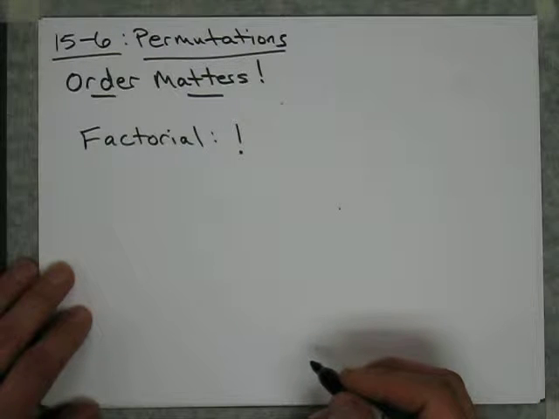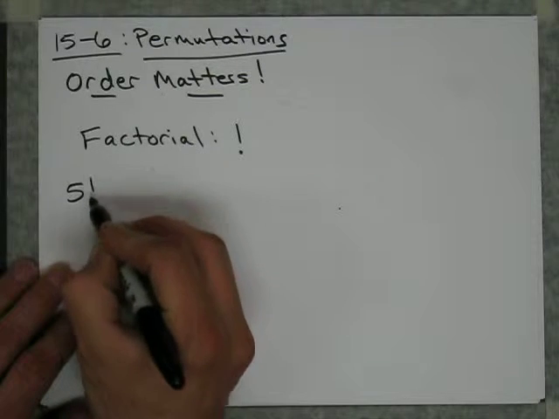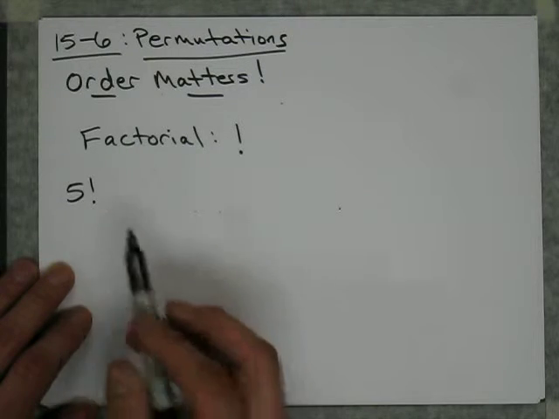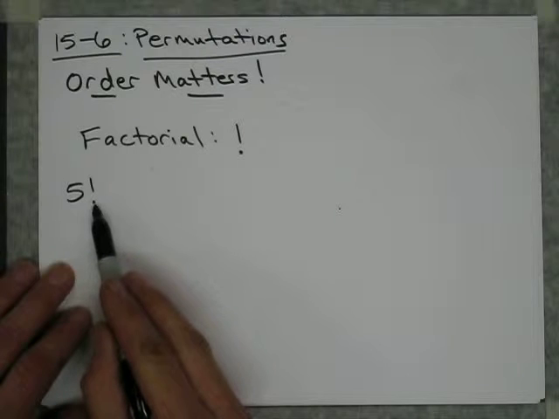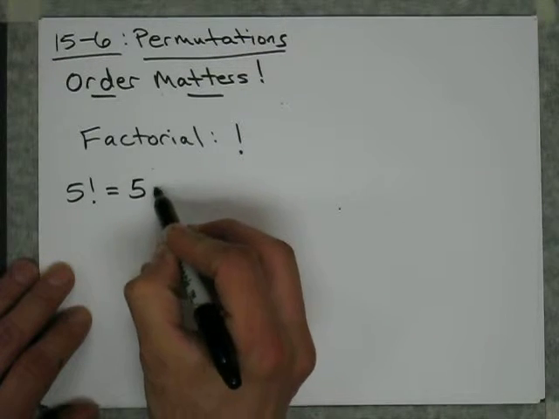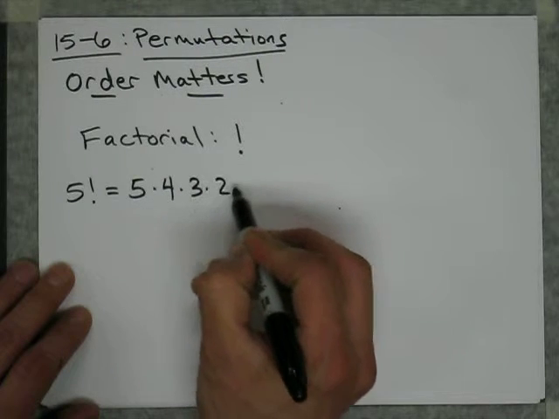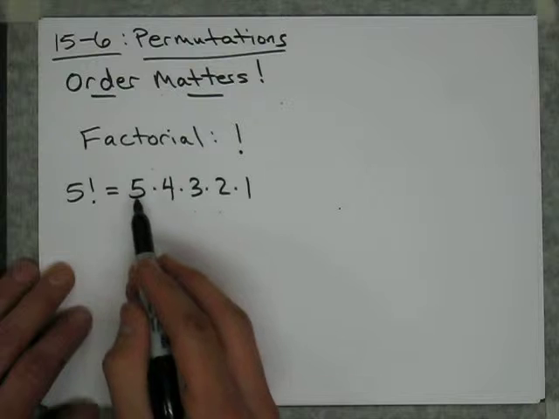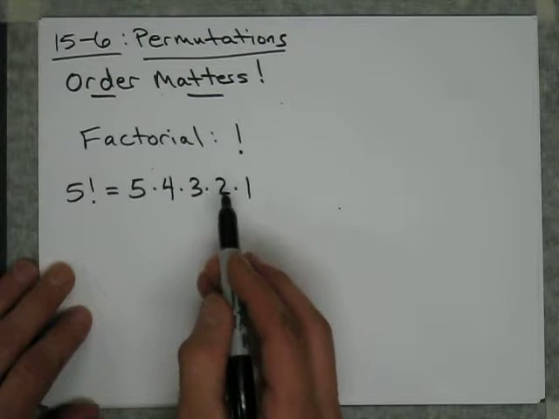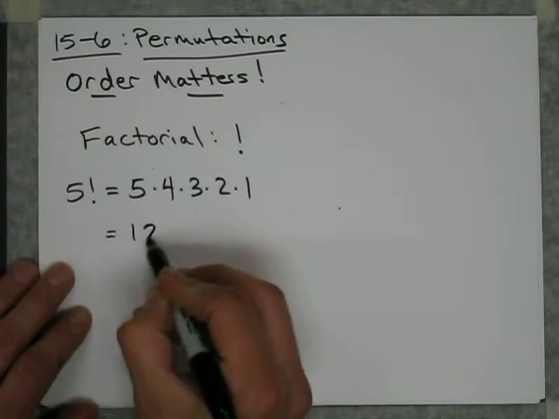Factorial is a way to multiply. So if I have 5 factorial, that's equal to the multiplication of the number times all its preceding numbers. So 5 factorial is 5 times 4 times 3 times 2 times 1, which is 120.